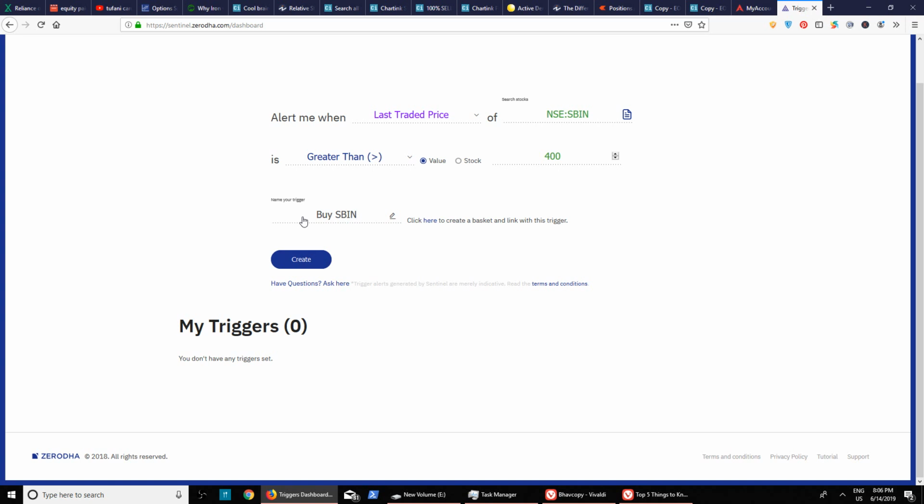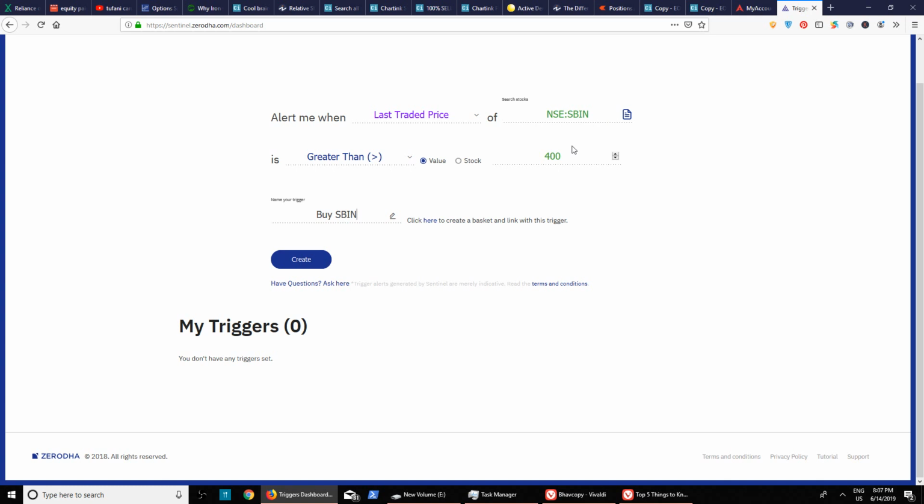For example, Mr. A and the company name or the place name, so that you can recall it. So here, if you create 10 triggers, this name should help you identify that this trigger was created for buying SBI or buying a particular stock.